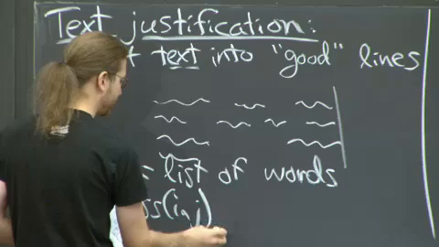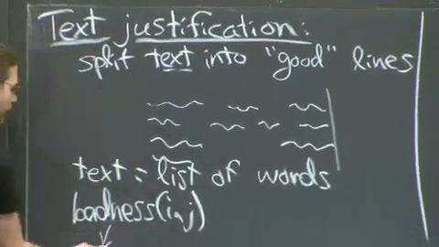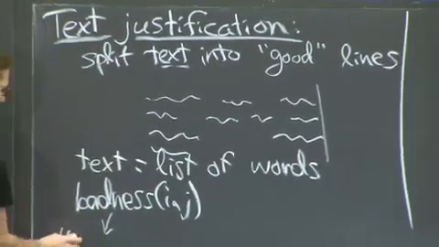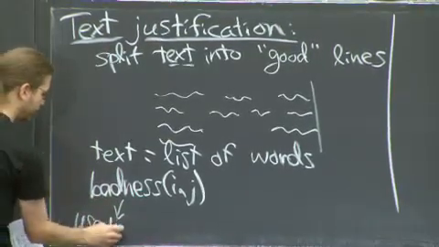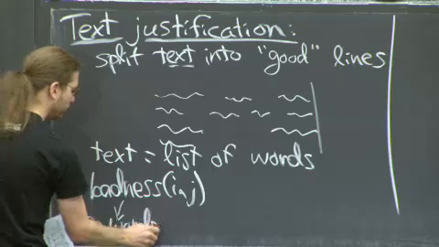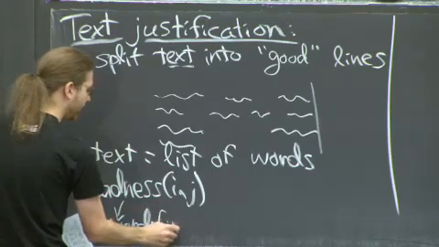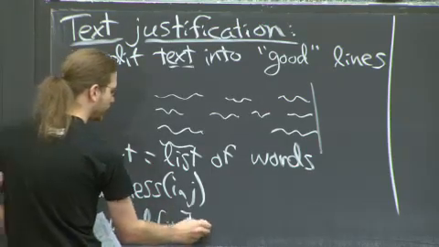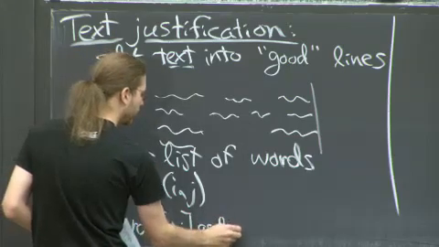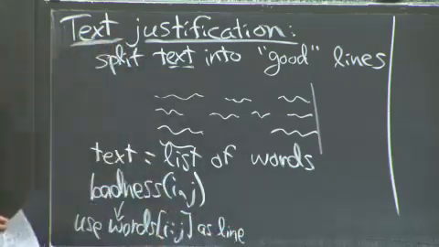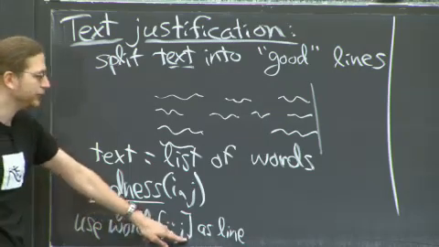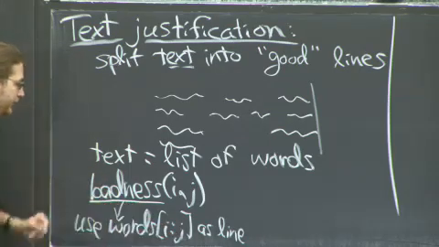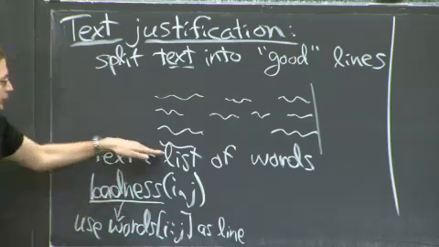This is sort of how bad it is to use words i through j as a line. So this is Python notation: it starts at i and ends at j minus 1. That'll be convenient. So I have this list of words.